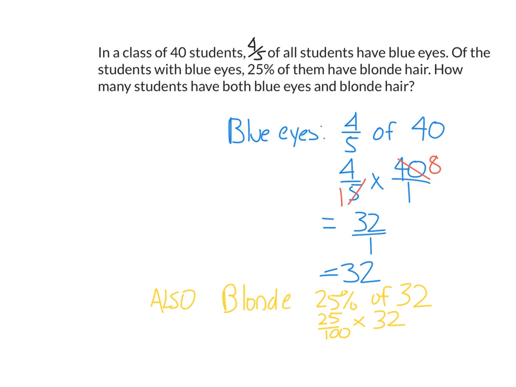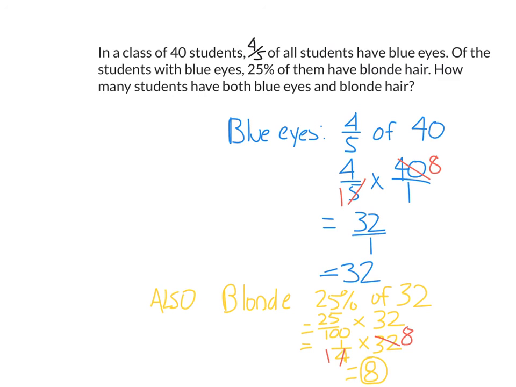So you should know 25 over 100 equals a quarter. So this is a quarter of 32. 25% equals a quarter, so 25% of something is the same as a quarter of that. So 4 goes into itself once, goes into 32 8 times. So the final answer here is 8.